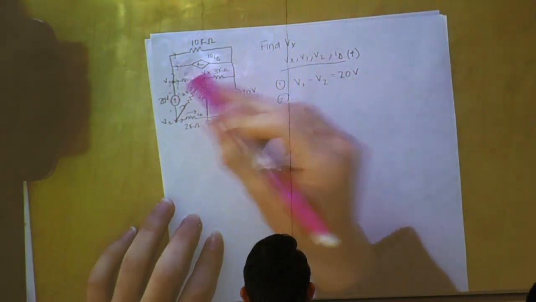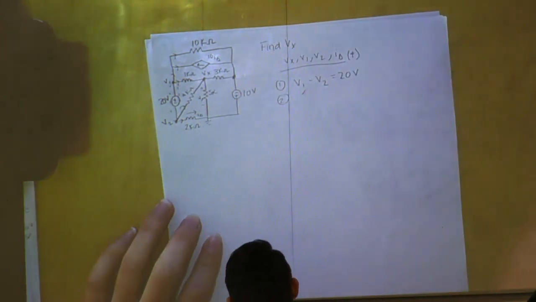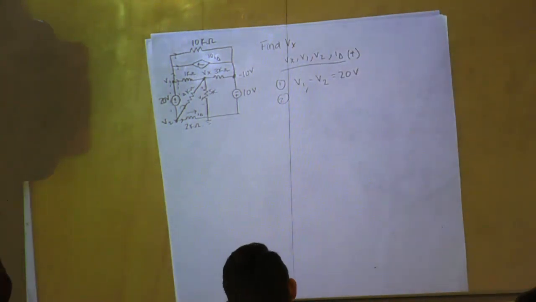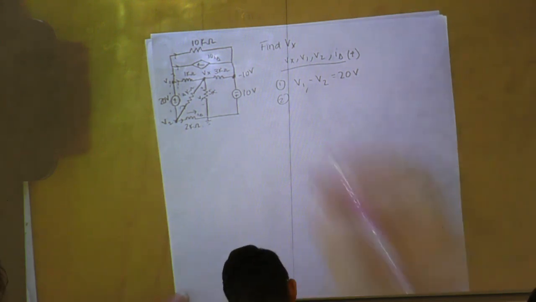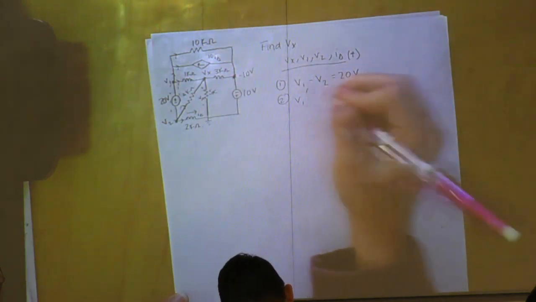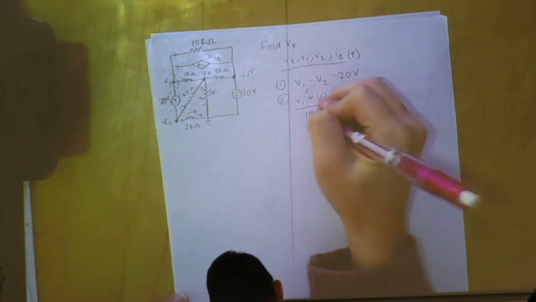We'll do this first current up here. This node is going to be negative 10 volts. Since the polarity is changed, it's opposite. It's not going to be positive, it's going to be negative. And then this current coming across, we're going to have V1 plus 10 all over 10K.